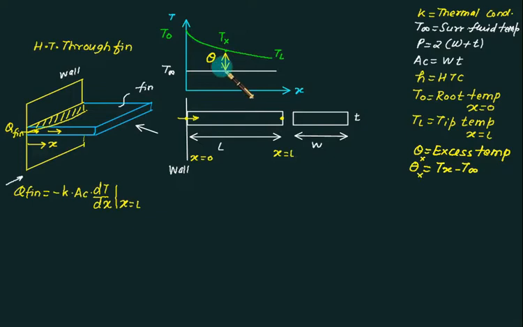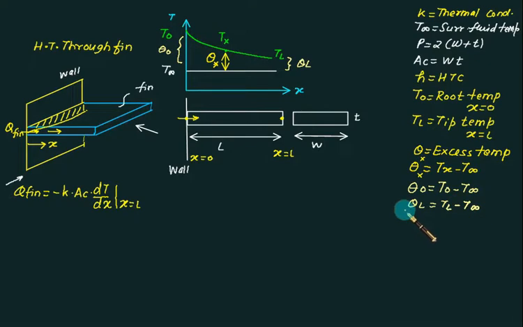If we write x equal to 0, we are at the root, so this value is theta 0, that is T0 minus T infinity. Similarly, we can write theta L, which is TL minus T infinity.